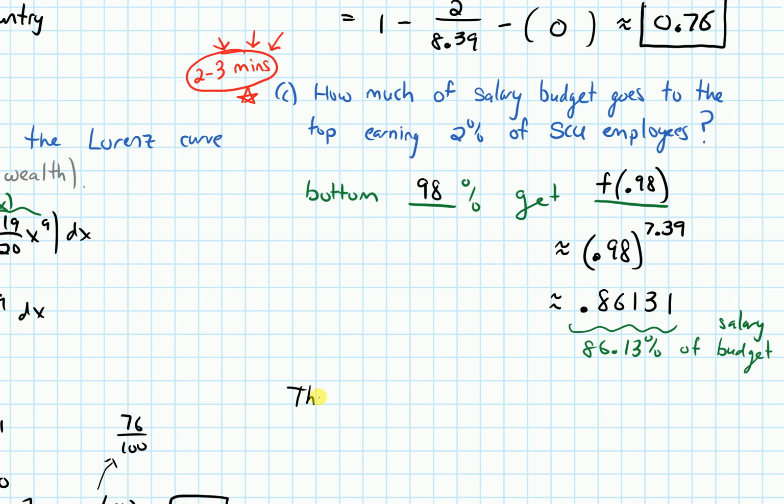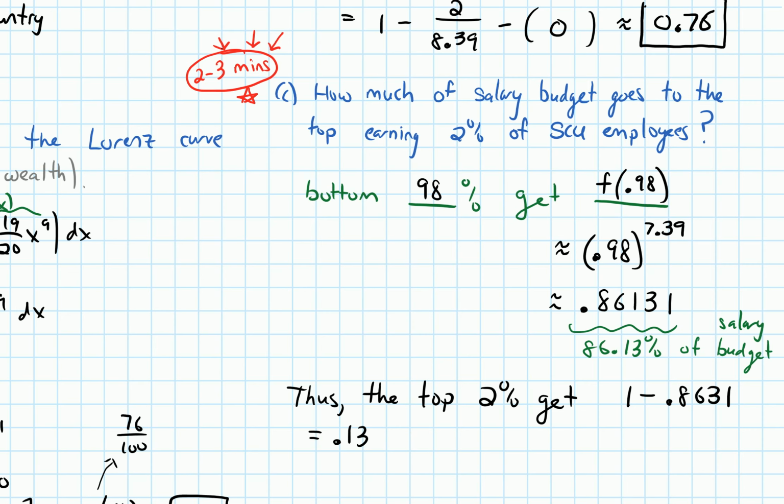So thus, the top 2% would get the whole amount, I'm going to do it in decimals first, 1 minus 0.8613 equals 0.1387.